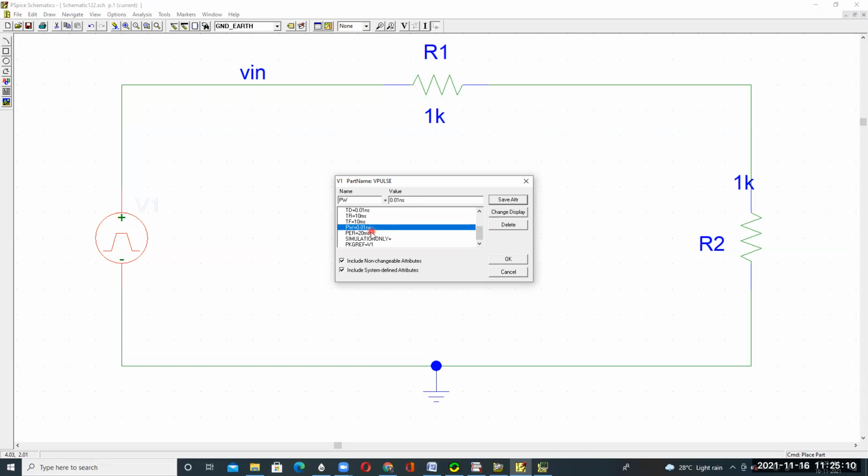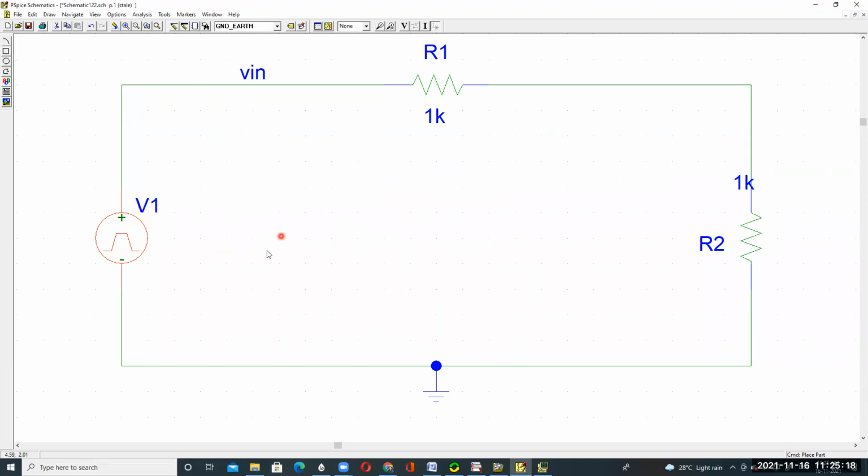The pulse repetition is 20 nanoseconds. After that, save the simulation and run it.